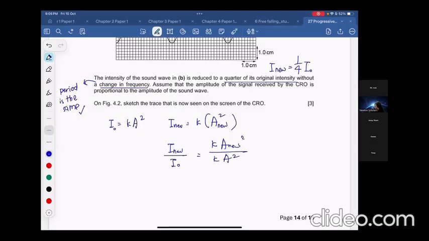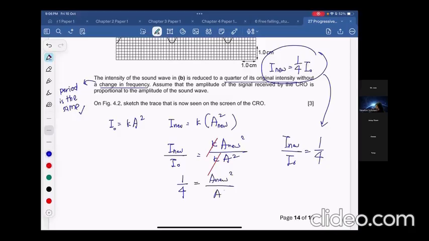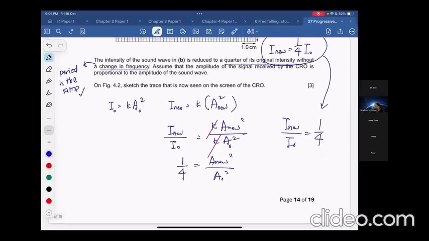Here I new over I original is 1 over 4. Do you agree? K and K cancel. I want A new square over A square. In terms of A new, can you tell me how many A original?